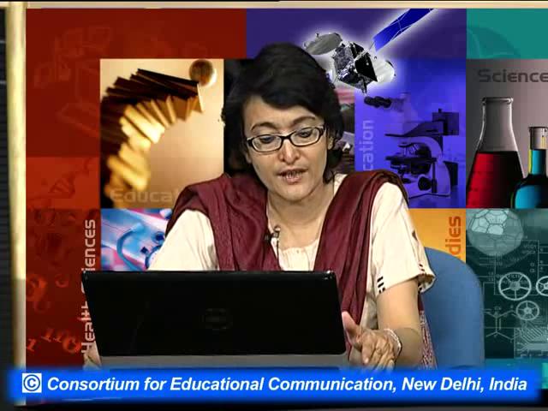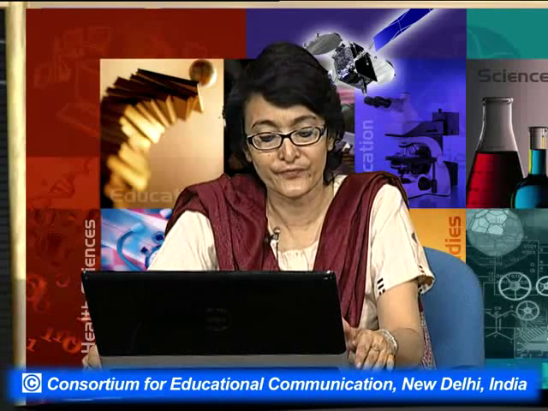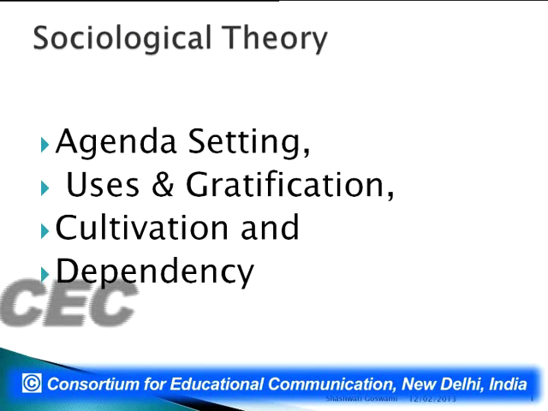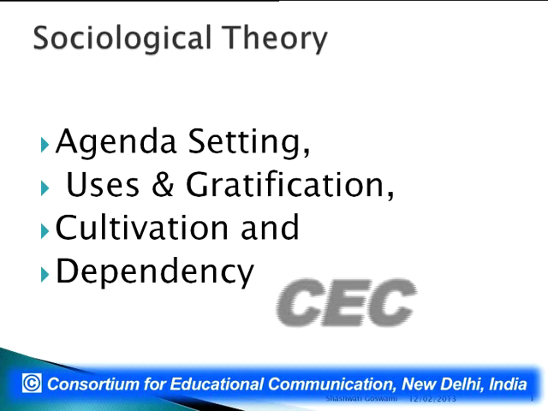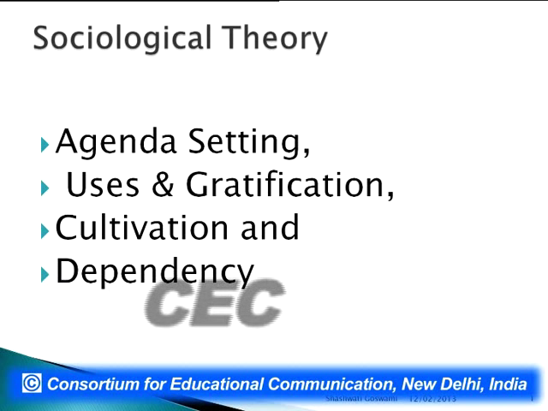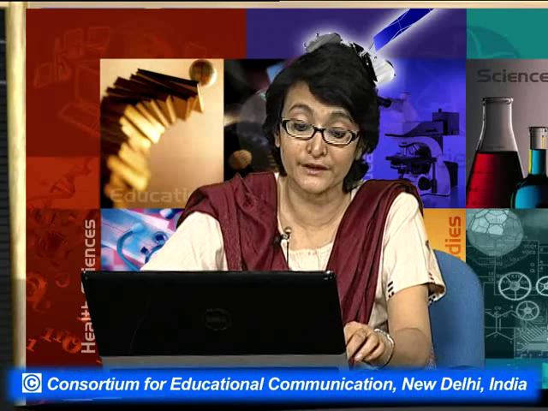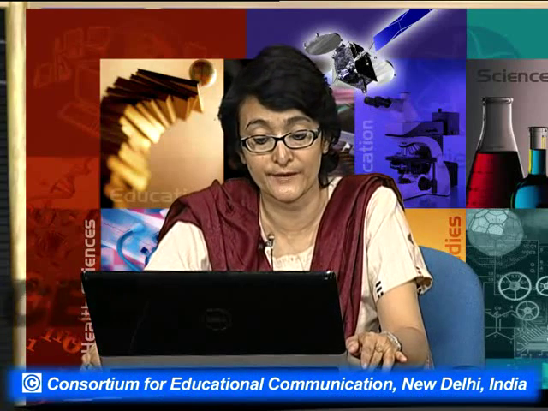So, we would like to start with the sociological theory. And what are sociological theories? When we say sociological theory, there are four that are more important for us. One is agenda setting, uses and gratification, cultivation, and dependency. Sociological theories are typically built on the theories and ideas of previous sociologists. So, it has a total root in the faculty of sociology.